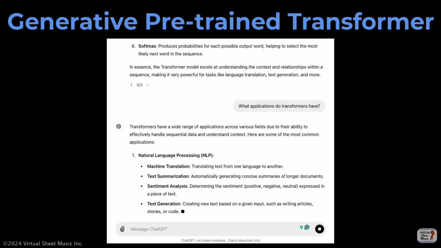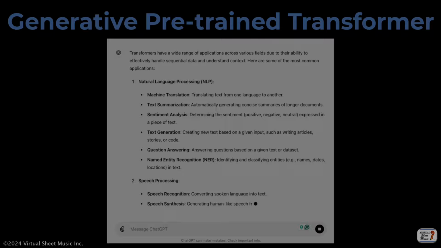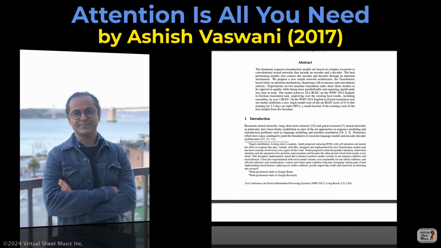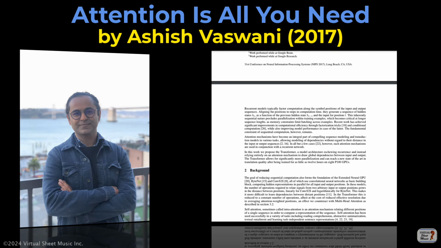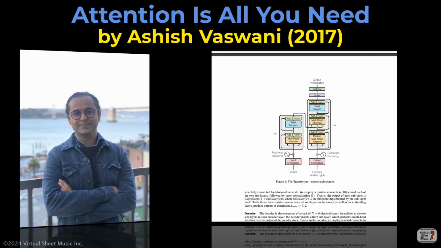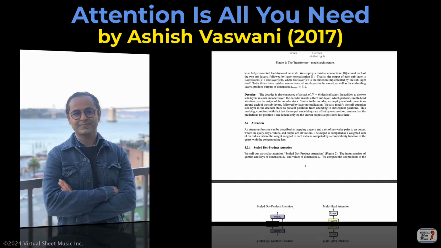It is incredible to know that this kind of model was introduced just 8 years ago in a paper by Ashish Vaswani, a computer scientist who has contributed immensely to what we all benefit from today in the AI systems around us.